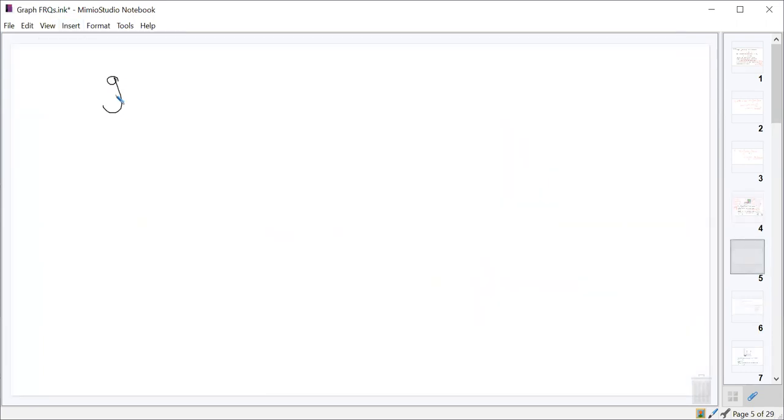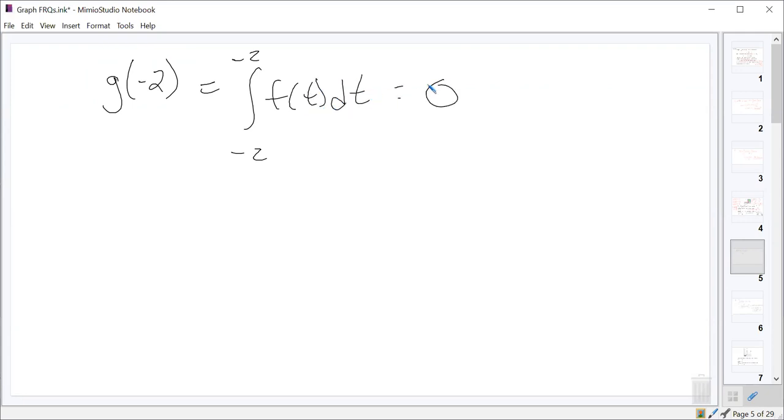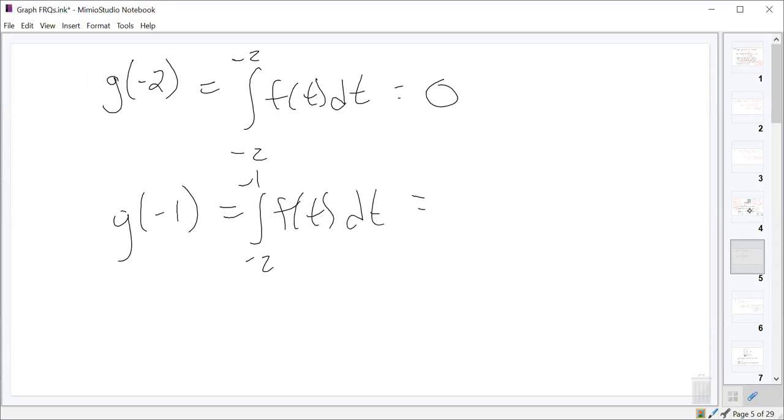So we need to figure out what is g of -2, the endpoint, which should be the integral from -2 to -2 of f. Well, what is that? 0. G of -1 should be the integral from -2 to -1 of f. Well, conveniently, we did that.